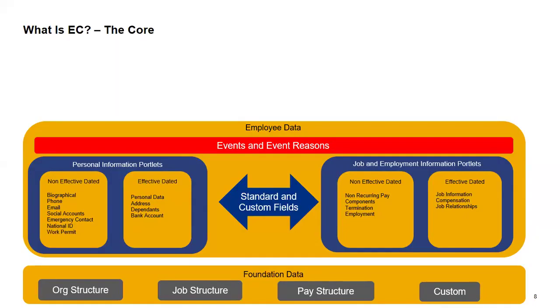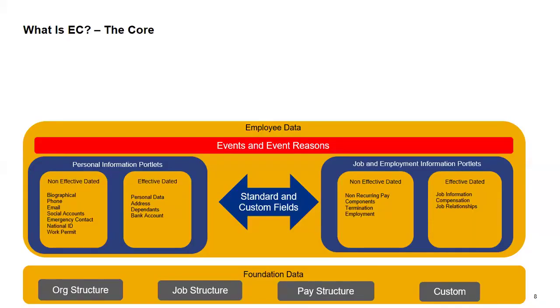If you're terminating the employee, what is the reason for termination? So in changing grade, grade will be the event and the reasons. No, grade is not an event. Grade is a field in job information. The event is promotion. Event reason is either a grade change, or a grade with salary change, or only a salary change. That could be your event reason.